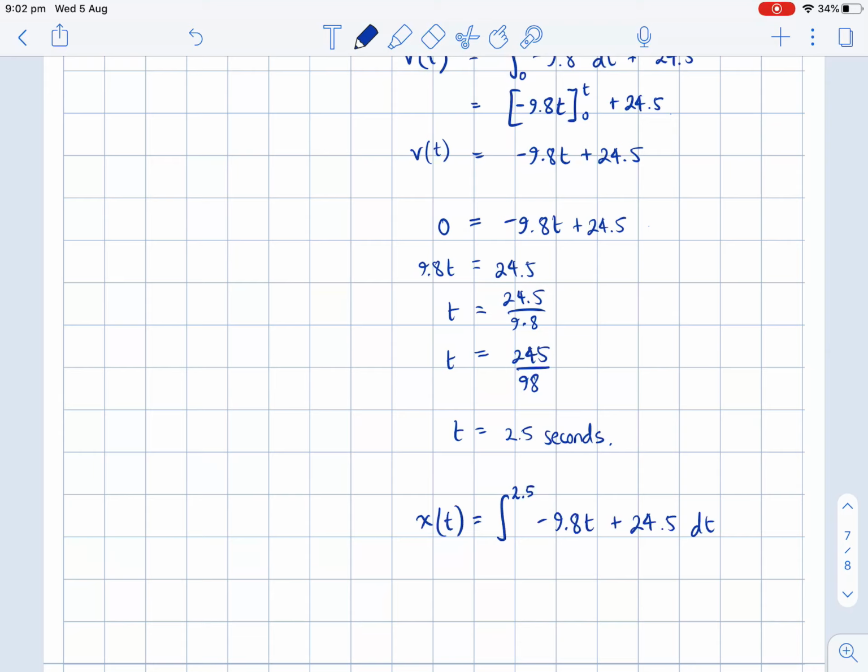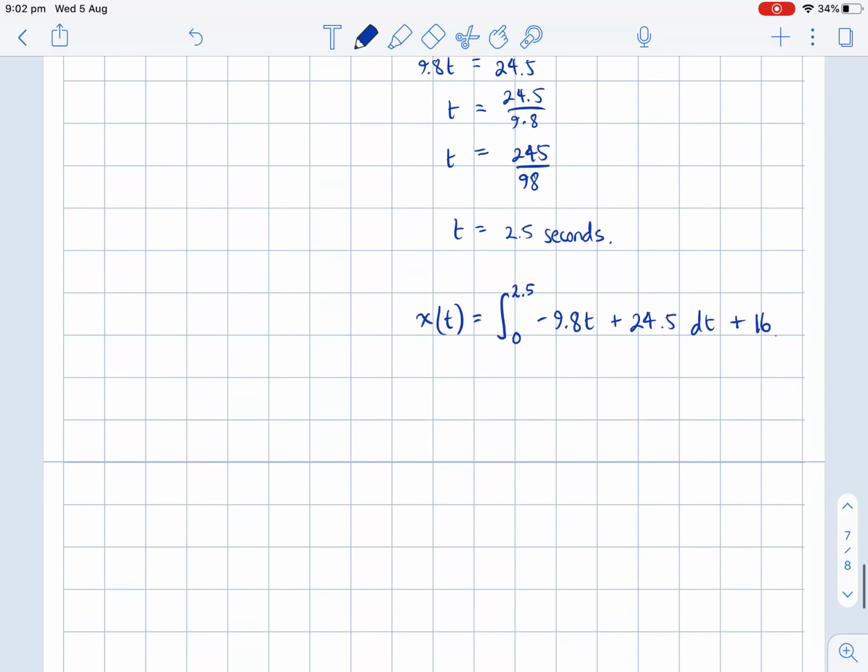And we know when time is 0, the height is initially 16. Okay, this is going to be interesting without a calculator, so I'm going to have negative 4.9t squared plus 24.5t plus 16. And I want to go from 2.5 to 0.